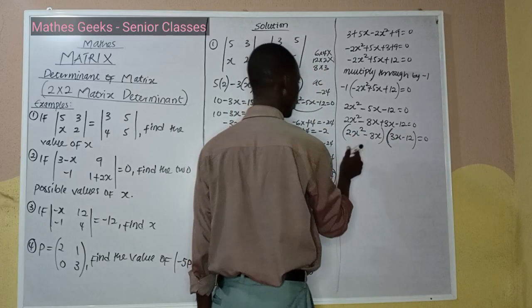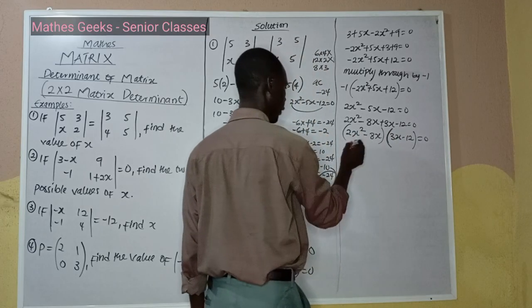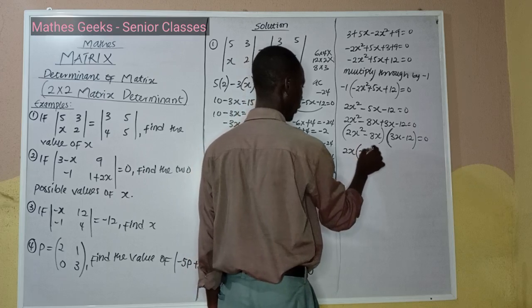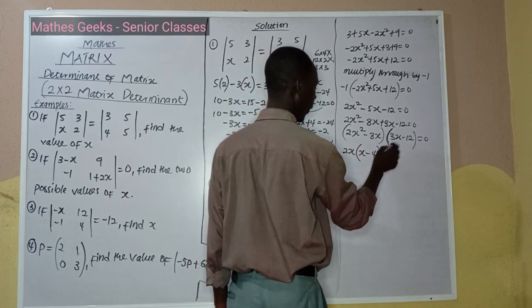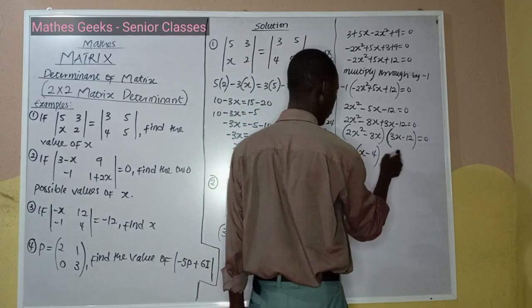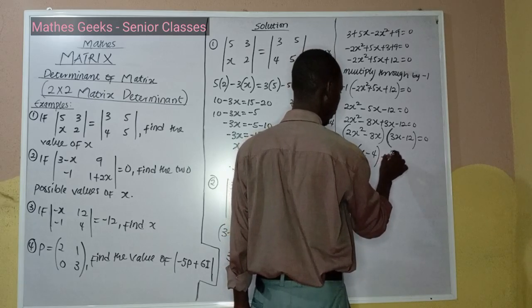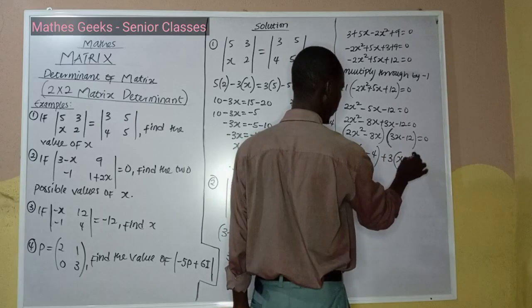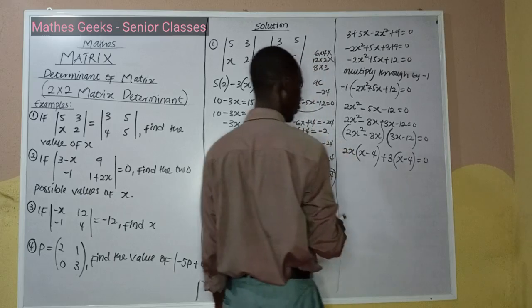This will give us 2x times x minus 4, and what's common? 3 times x minus 4 as well, equals 0.